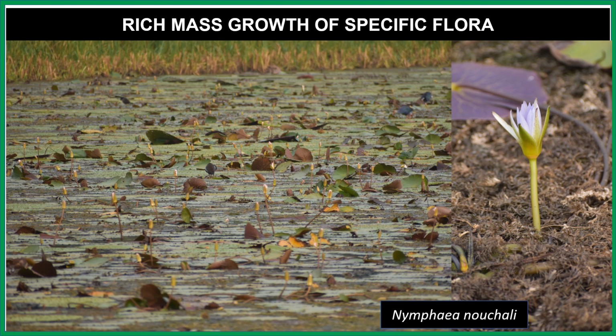Again, in almost all the wetlands that I have visited so far, this plant is almost everywhere in every kind of wetland habitat. This is one kind of lily. Its name is Nymphaea nouchali, and it grows massively in the aquatic habitat in the wetland area.